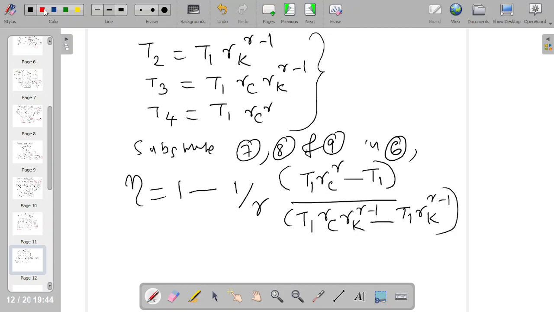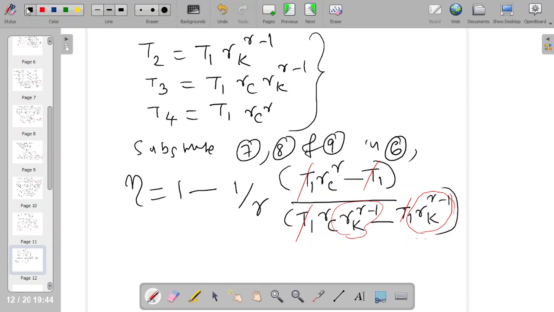Here you can see that in every term, numerator and denominator, we have T1. You can cancel this T1 very easily, so this efficiency is independent of temperature and contains only the compression ratio and the cutoff ratio. And in the denominator, you can see here we have RK raised to gamma minus 1, and here also we have RK raised to gamma minus 1. So we can take it outside for simplicity.